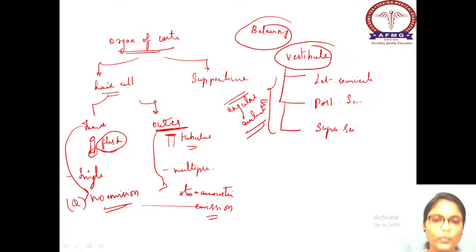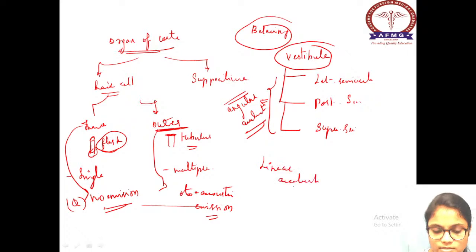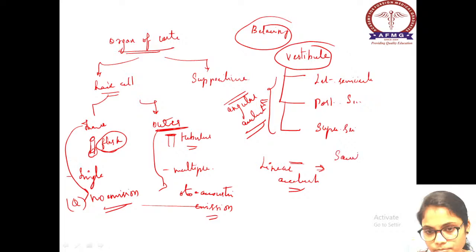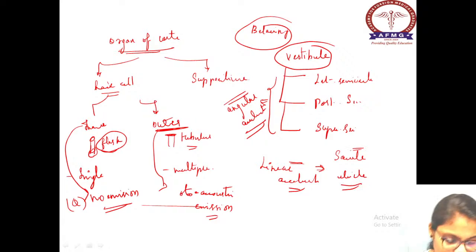Linear acceleration is given by the saccule and the utricle. That is how they show their importance. Utricle and saccule, very nice.